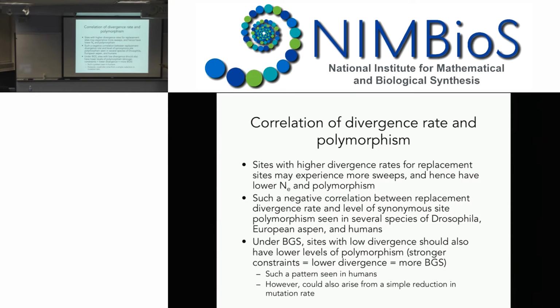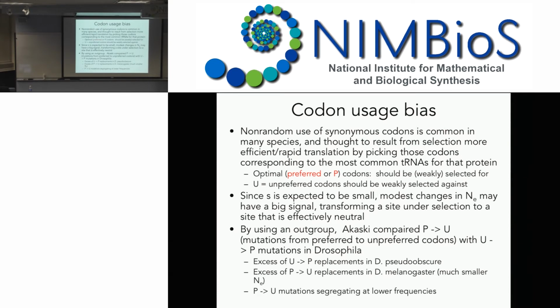So you have a pattern here that's consistent with recurrent sweeps, but you have a pattern here that you also see in humans of low divergence and low polymorphism rates, which could arise from mutation, but you can actually adjust for that and you see this pattern. So again, the problem is we can't get a clean signal between multiple rounds of adaptive substitution giving these patterns and simple background selection giving these patterns.